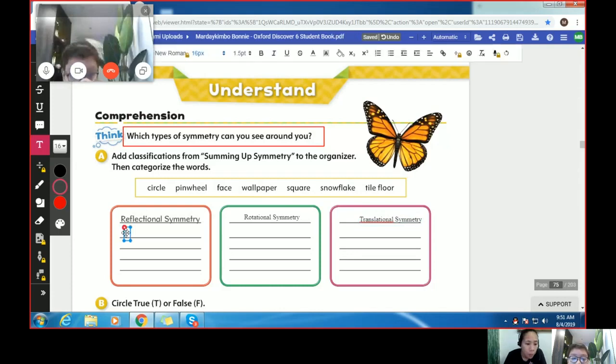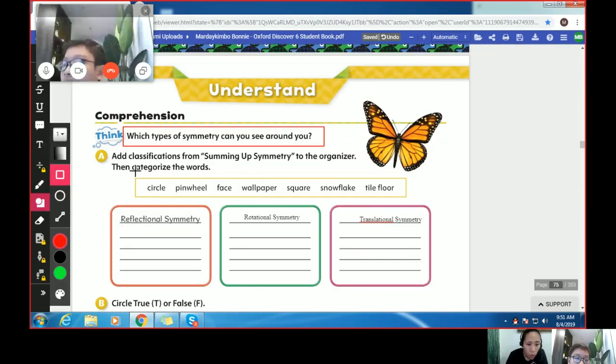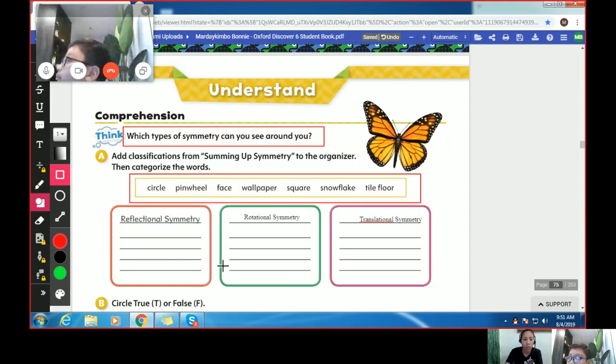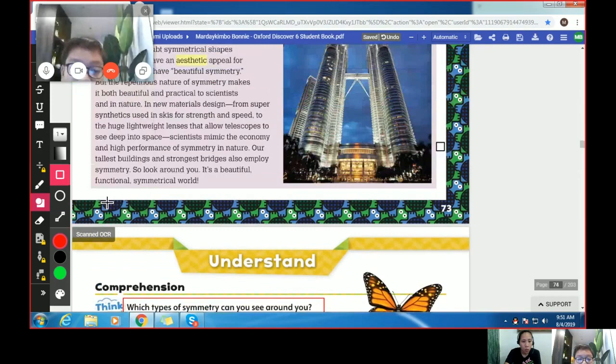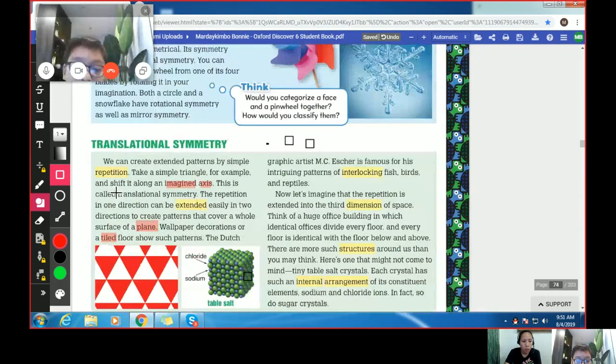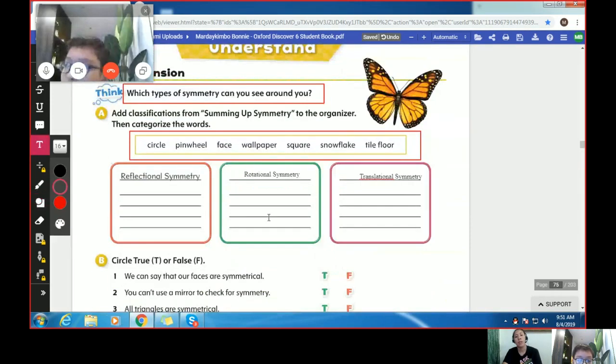So, Peter, here's what I would like you to do. I would like you to put these words into categories. It may be either reflectional, rotational, or translational. Okay? So let's start with circle.